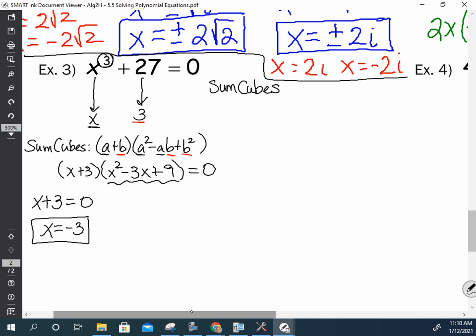So x squared minus 3x plus 9 equals 0. So if you can't factor it, there's one other way to solve this problem. Let's welcome back the quadratic formula.